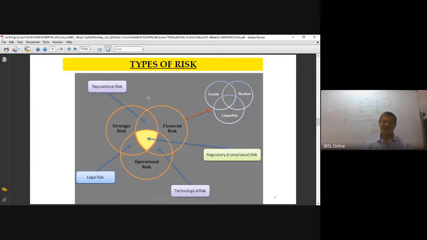Those are strategic decisions, but you're given a platform to trade, which leads into operations. So any omissions or errors in executing transactions by people, we call operational risk.